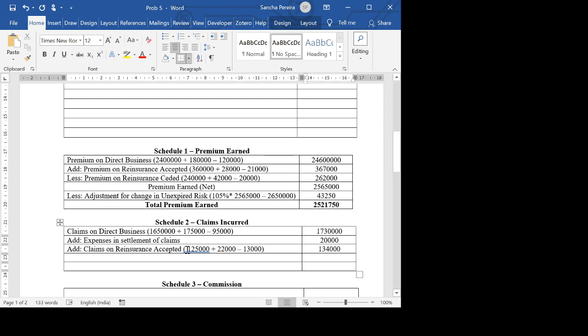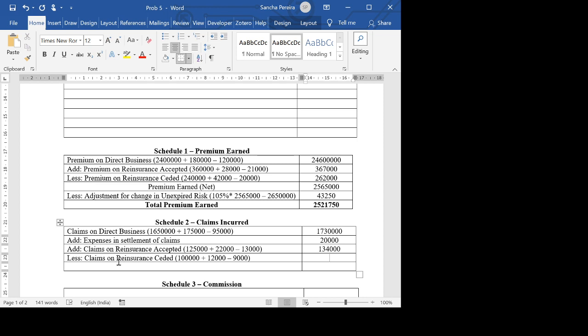And similarly less claims on reinsurance ceded, which is again 1 lakh plus 12,000 minus 9,000.